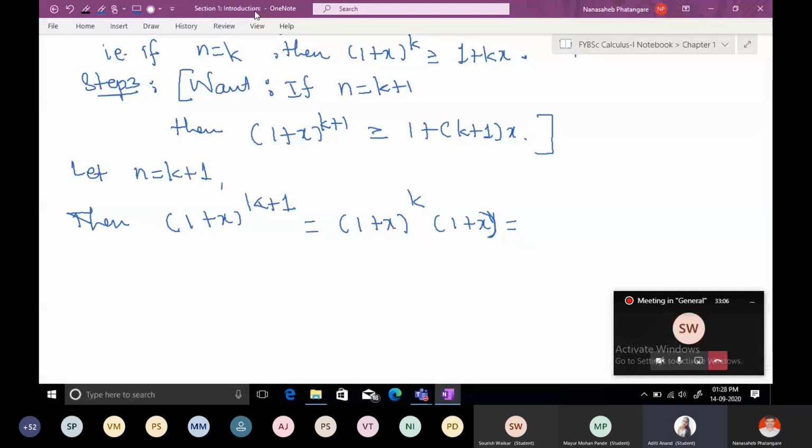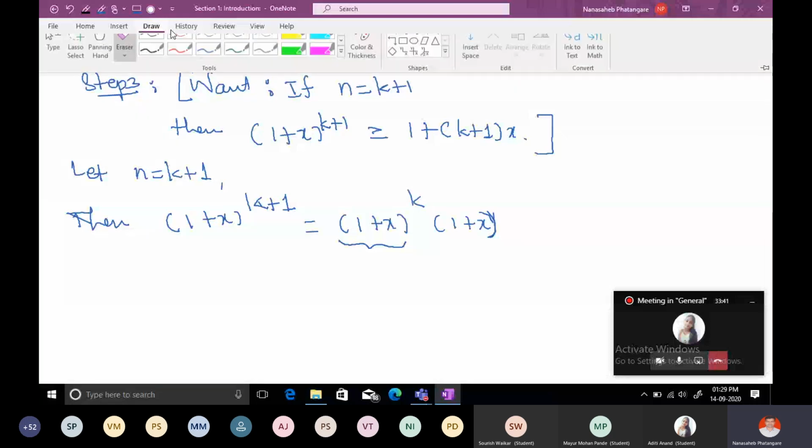We can write 1 plus x to the power k is greater than or equal to 1 plus kx. That is what we have already assumed. Let me first not write greater equal, and then we'll see what the expression should be.